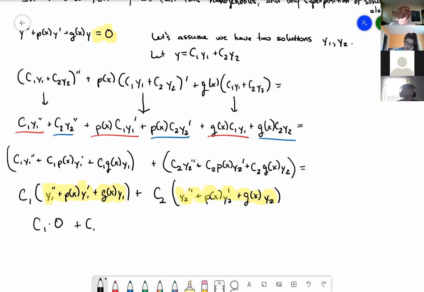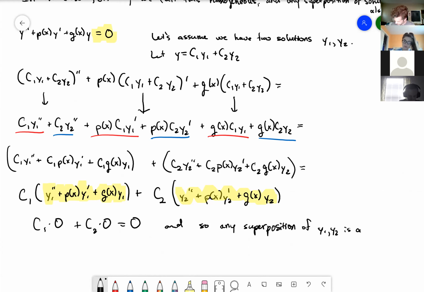We get plus C2 times 0. And so any choice of C1 and C2 gives us another solution. In other words, any superposition of y1, y2 is also a solution.